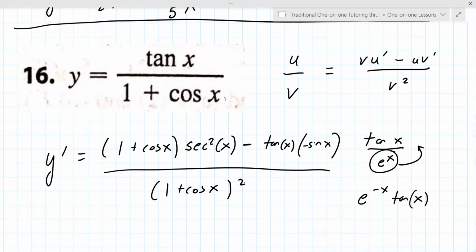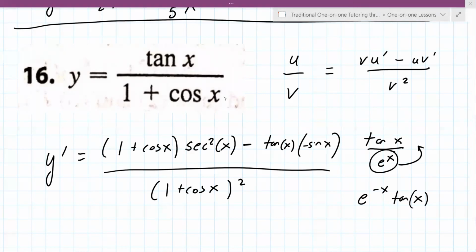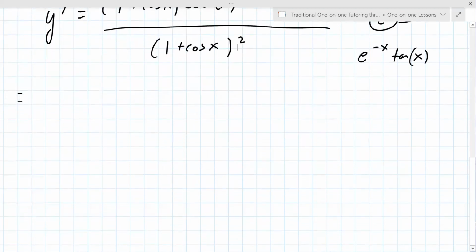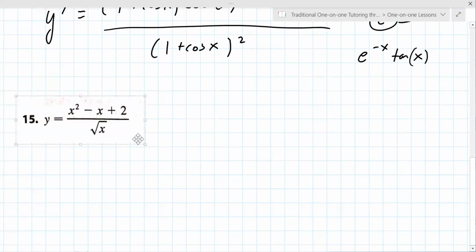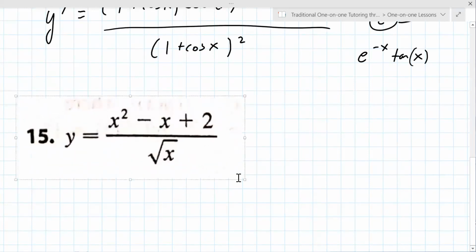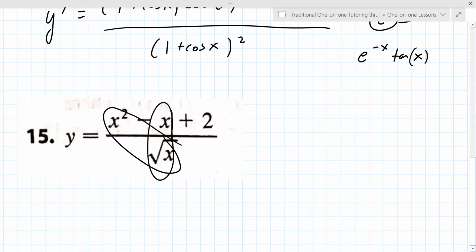All right. Now 18 is good to do because it's weird. Let me make a comment about 15 though. We won't do it, unless you really think that we need to do it. This looks like quotient rule, but you can divide each of these by this to get 3 terms, because it's really x to the 1/2 on the bottom.